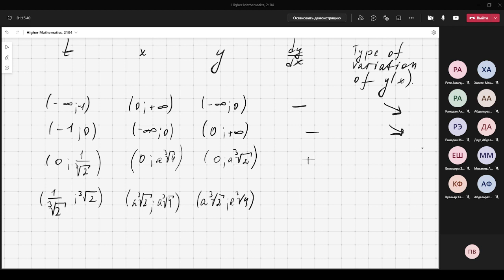Okay, increases. Here decreases. Then t from cube root of 2 to plus infinity.